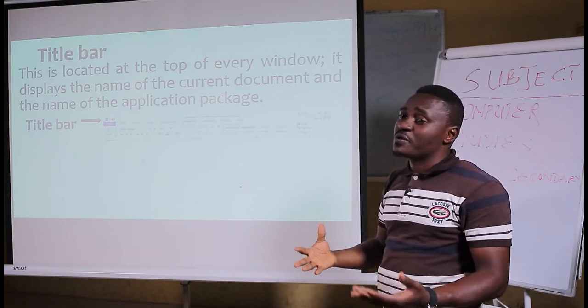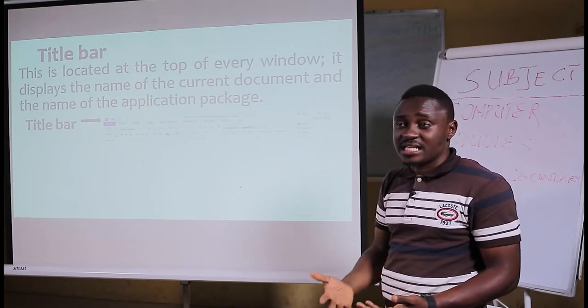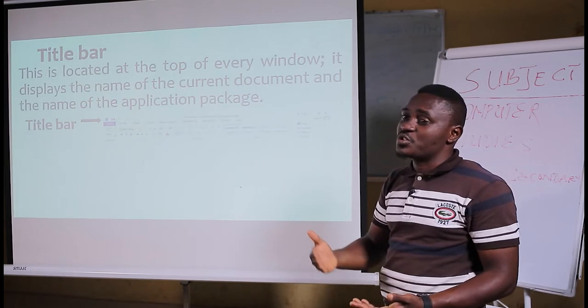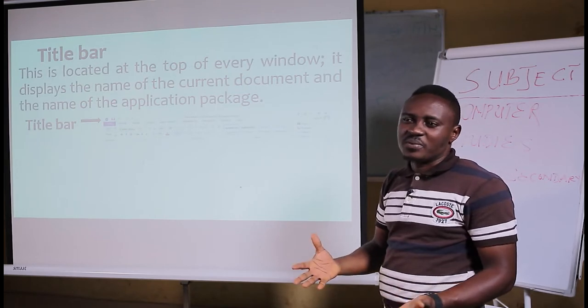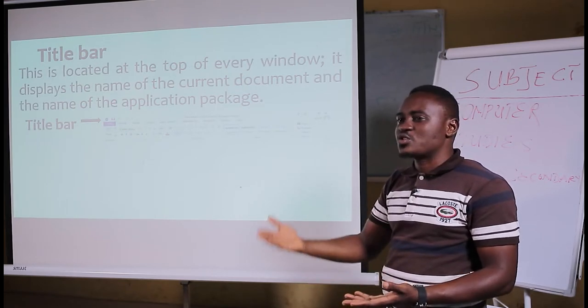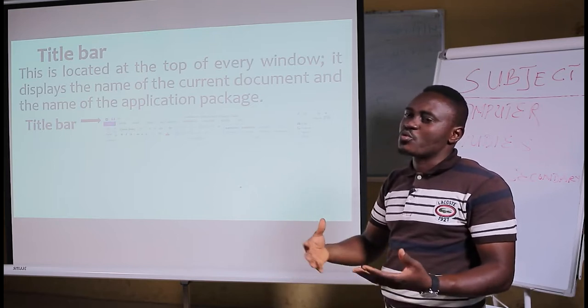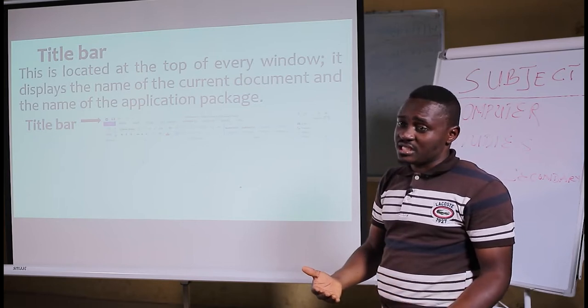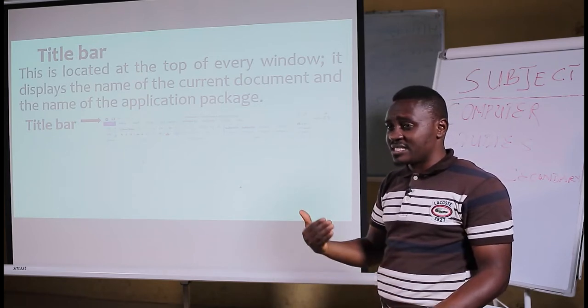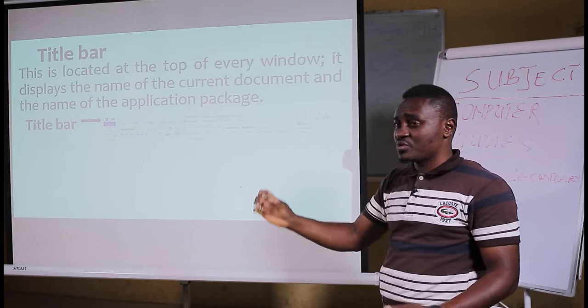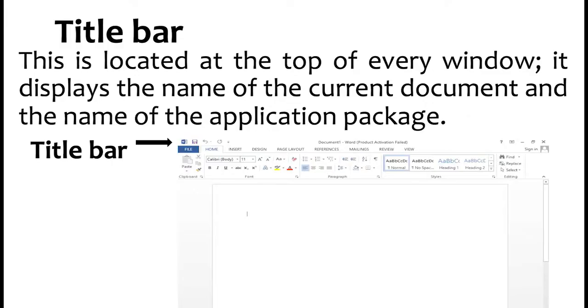Then after typing your information, if you want to edit the name, if it's a document you're writing for maybe a company, you say so and so company or so and so school. So you edit it so when you come to check it thereafter, you can remember the name easily because you've attached something you can remember very fast. But for this, it's stated what? Document 1 at the title bar.